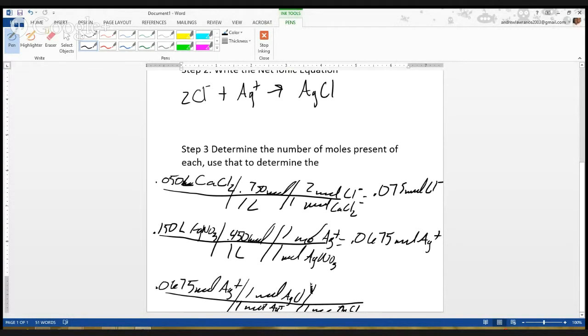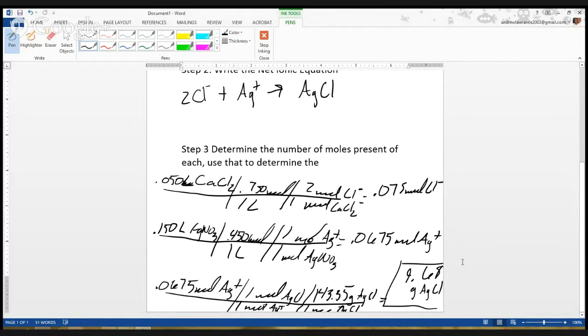So I'm going to end up with 143.35 grams. Punching this into my calculator, 0.0675 times 143.35 means that I'm going to produce 9.68 grams AgCl from this mixture.